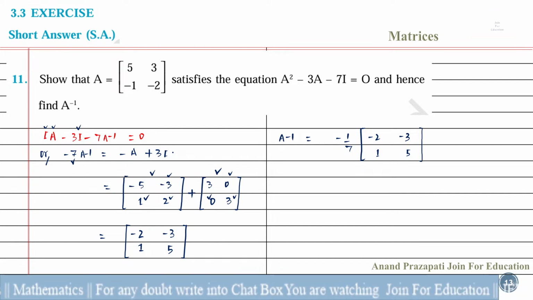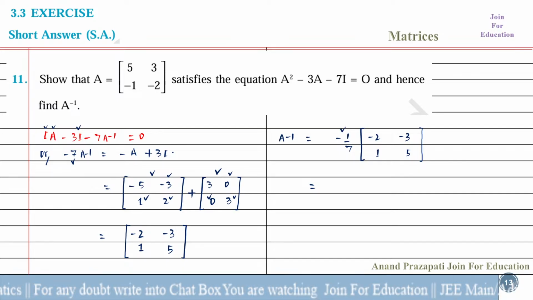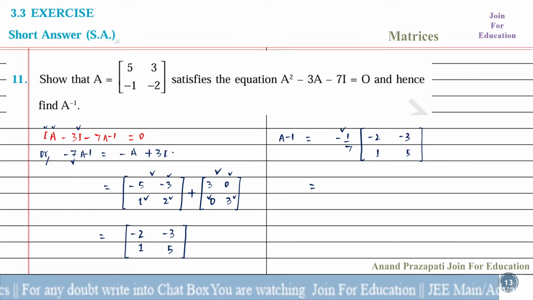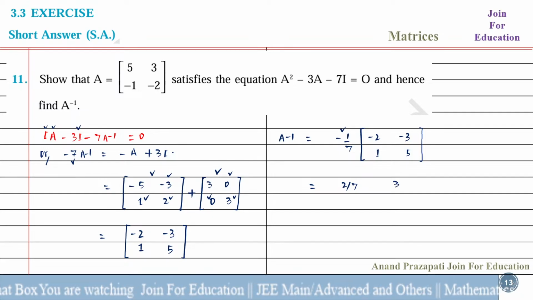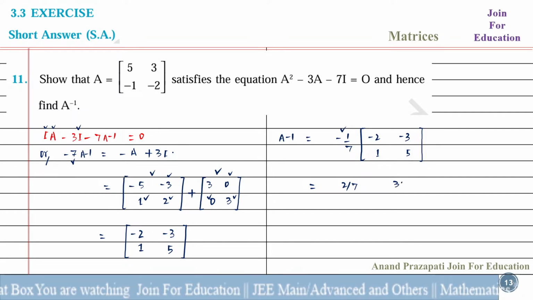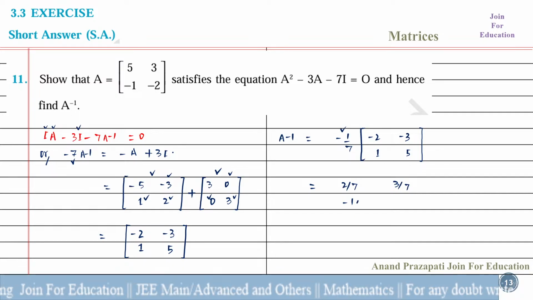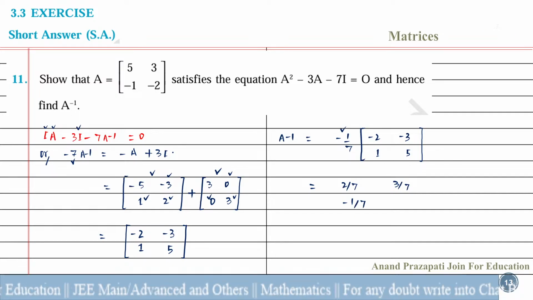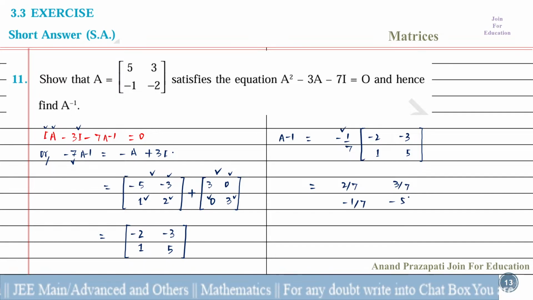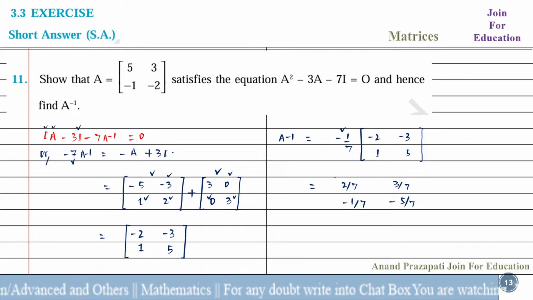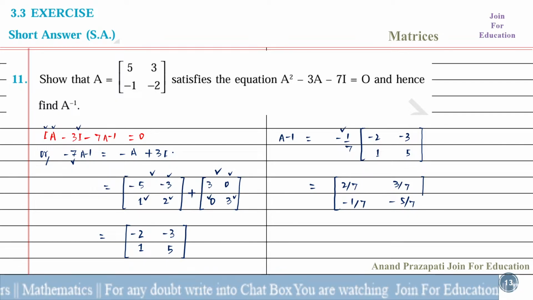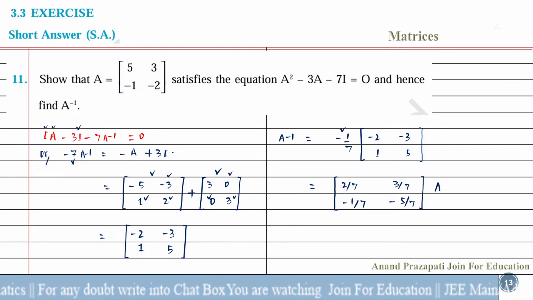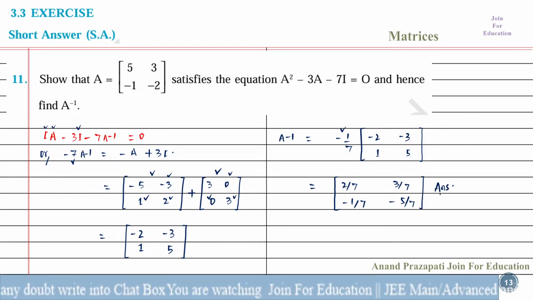When multiplying each term by minus 1 by 7, we get 2 by 7, 3 by 7, minus 1 by 7 and minus 5 by 7. So this one will be the answer of this question.